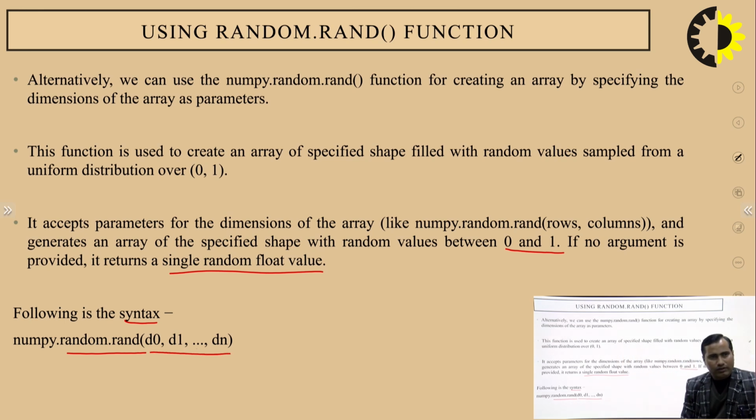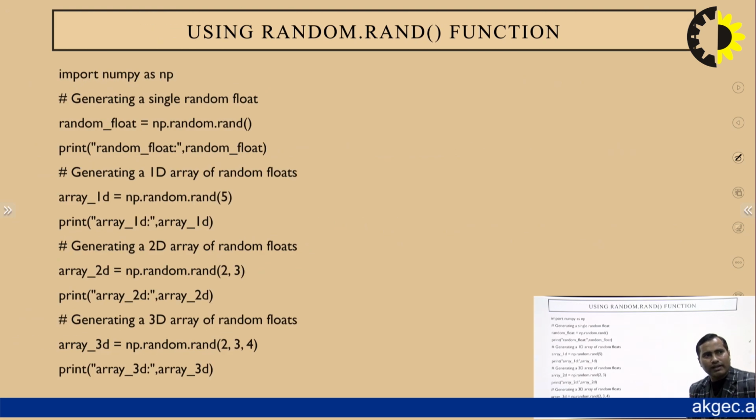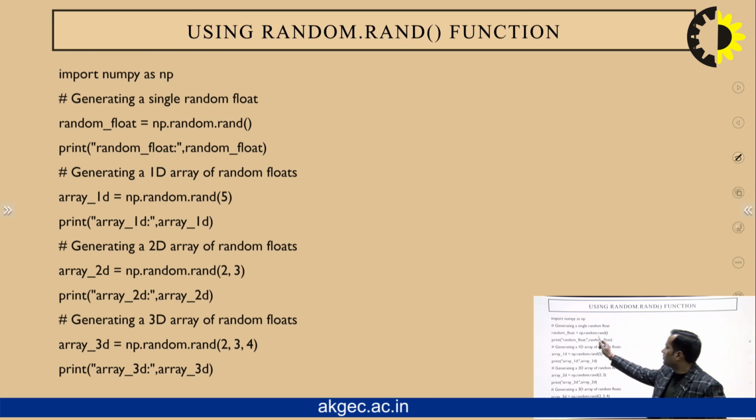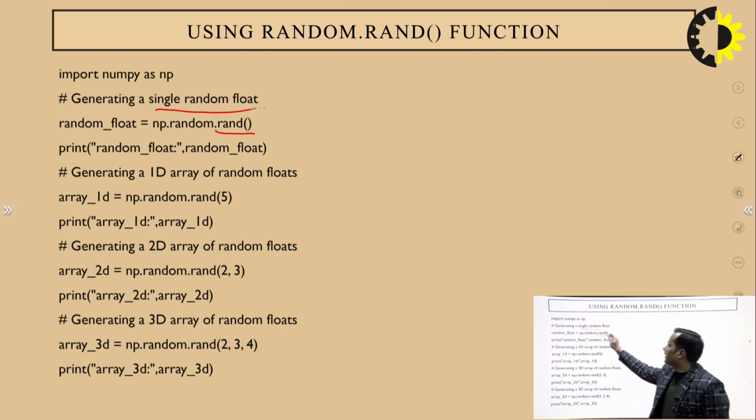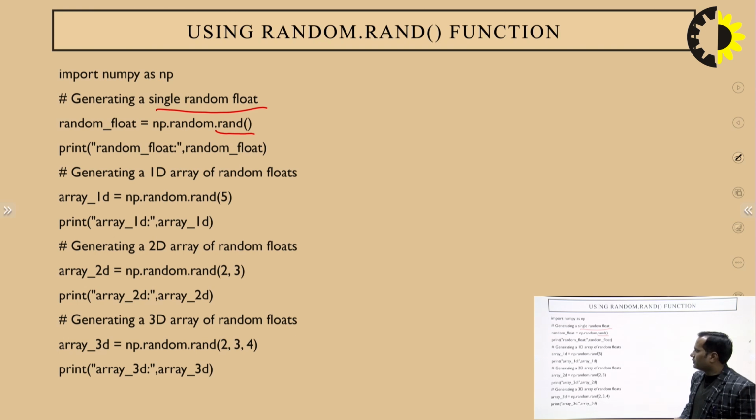Here we take an example to understand this. First we have to import NumPy, and then we use the function without any parameters. So it generates only a single random float value.